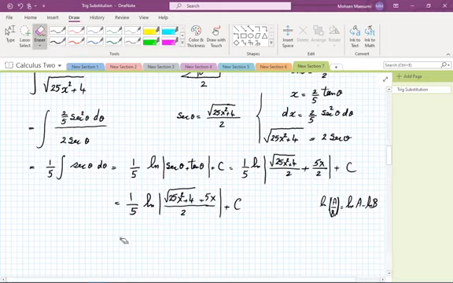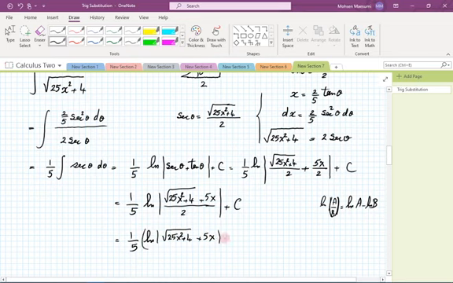So 1/5 of logarithm of the numerator 25x squared plus 4 plus 5x. Well, and then I have to subtract logarithm of 2 plus a constant.